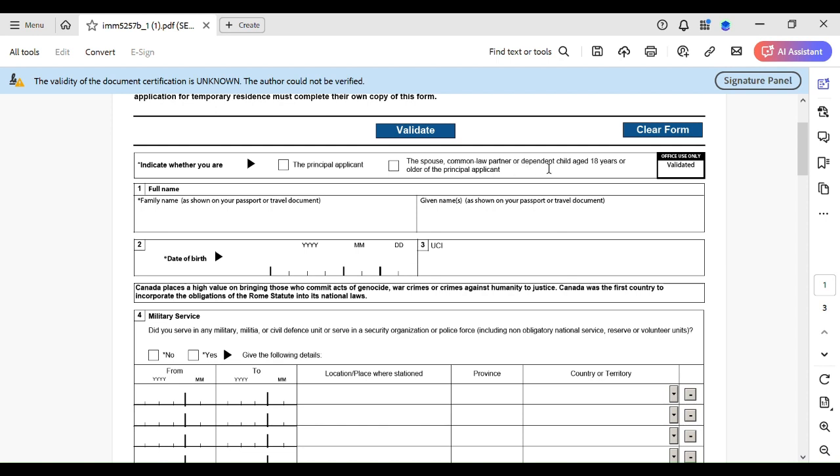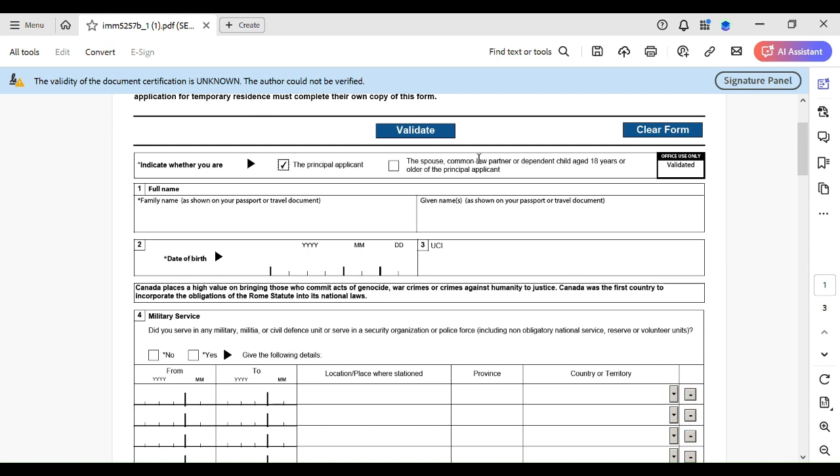Only these three types of people: spouse, common law partner or dependent child aged 18 years or older of the principal applicant, that is you. So you will click here if you add somebody to your application. Otherwise you fill out this one, okay?